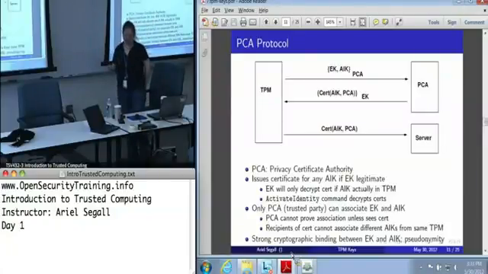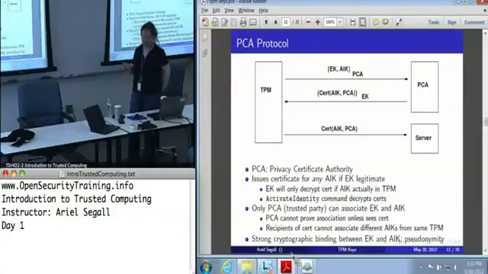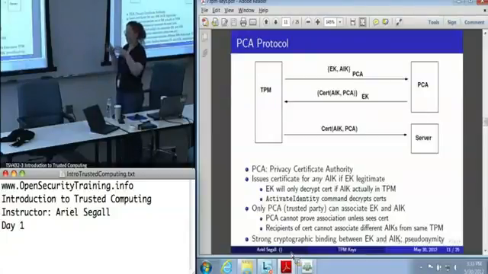The way this actually works is there is a symmetric key, which is in a wrapper that says this symmetric key is associated with this AIK's public key. And that is what is actually encrypted to the endorsement key. So the endorsement key decrypts it and says, given this bound data and this public key, if this public key is the one from the AIK that I have loaded, then I will return the data that I've just decrypted to the user.